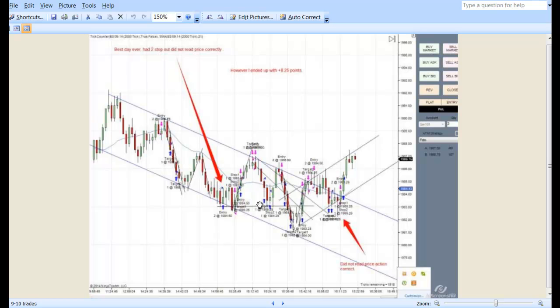Once he got out of that, he read it real well. He could see the support right here. He's buying it. He's selling these highs across here. That's really good. One thing I do see he's doing is he's on a downtrend. Even though you're going to get support off this line, I would be leery of buying it. You're always better to wait on stuff to come back.